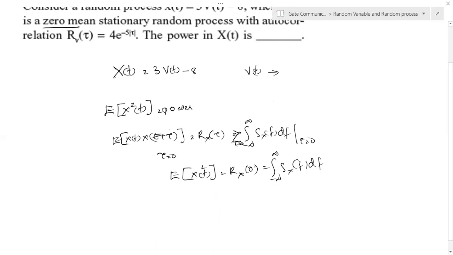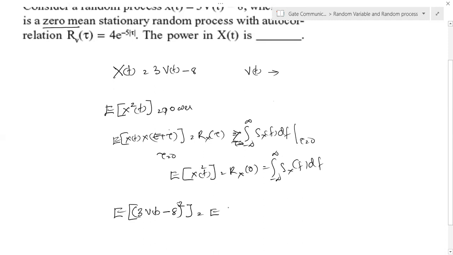So we need to calculate Rx of 0, or in other terms, we can say the expected value of x square of t. So we need to apply the expected value of 3 v of t minus 8, which is the random process x of t, and we need to take the whole square.